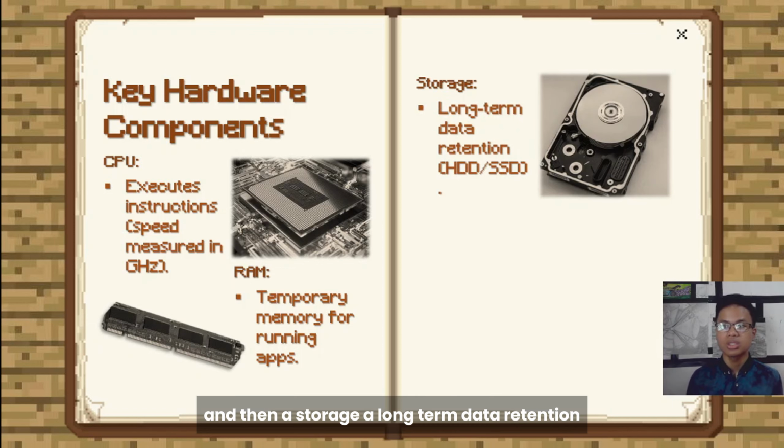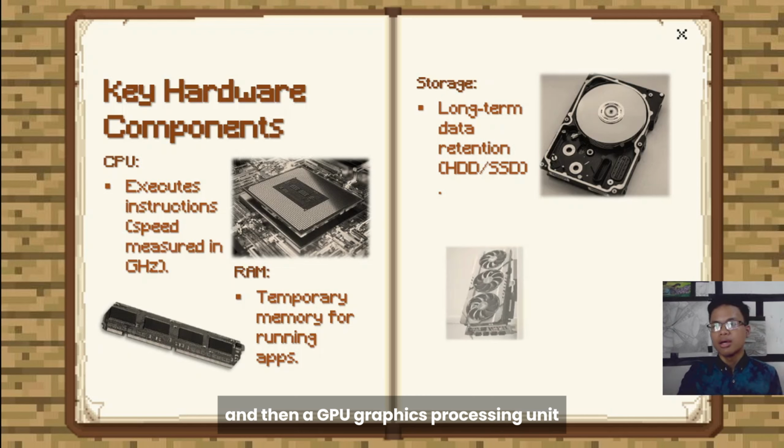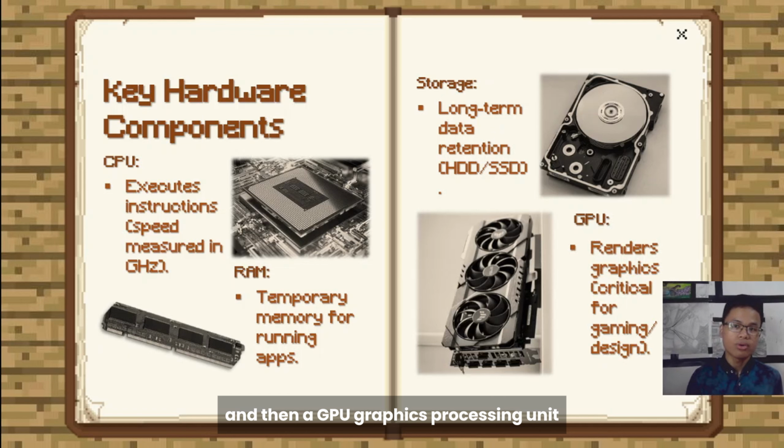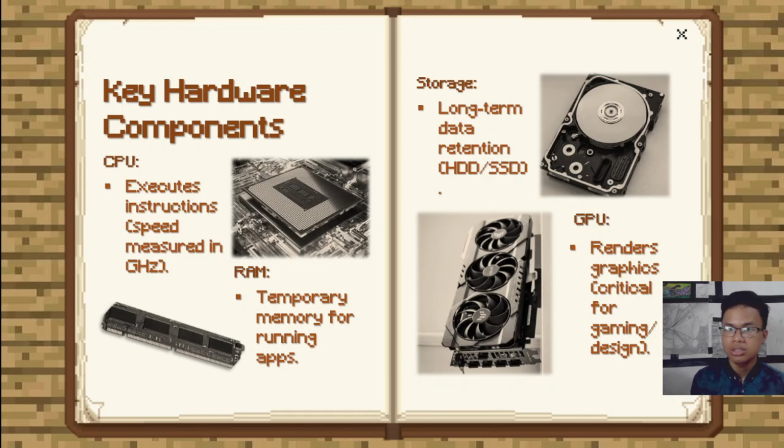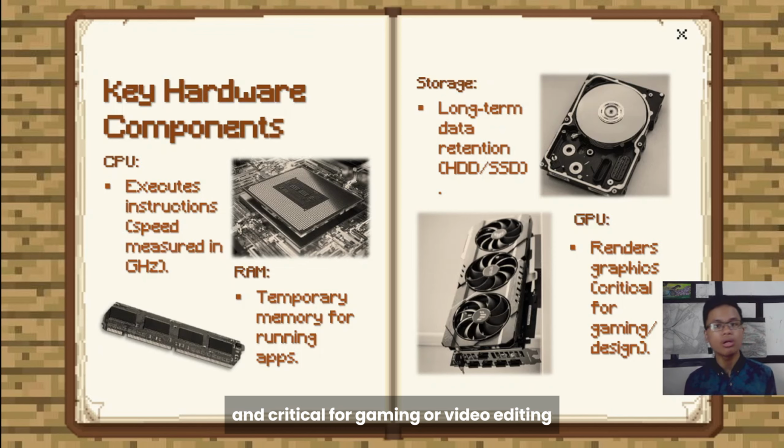And then storage, long-term data retention, HDD or SSD, to store data on your computer. And then a GPU, the graphics processing unit, is specialized for visuals and critical for gaming or video editing.